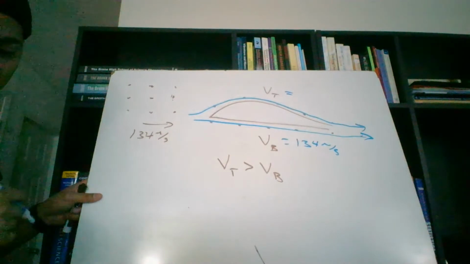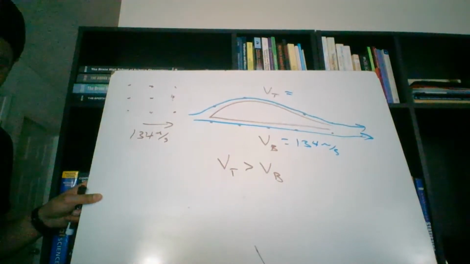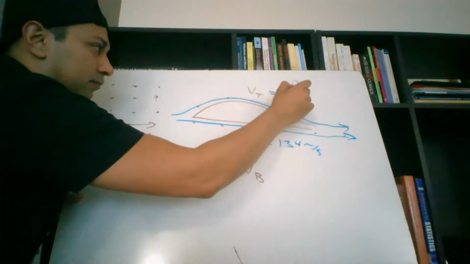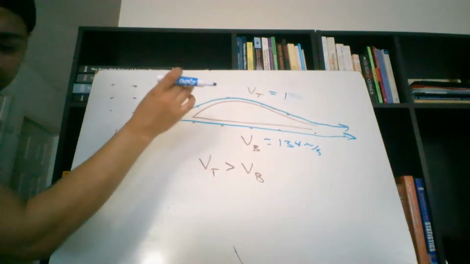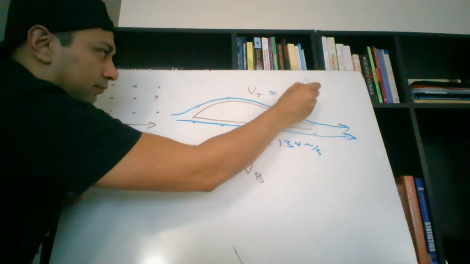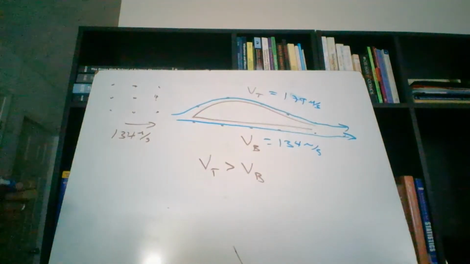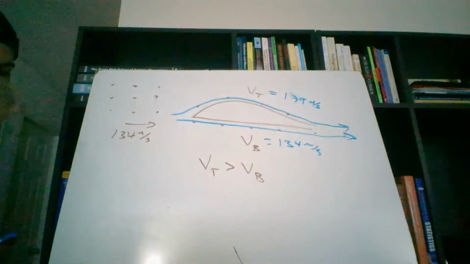We'll call it 400 miles per hour. So 400 miles per hour is the same as 179 meters per second. So we've got a velocity at the top and we've got a velocity at the bottom.